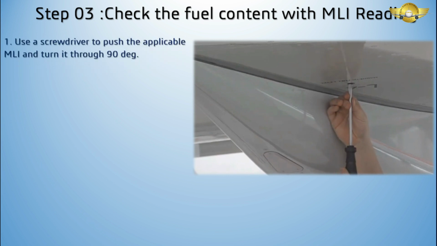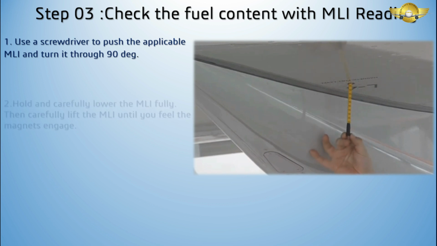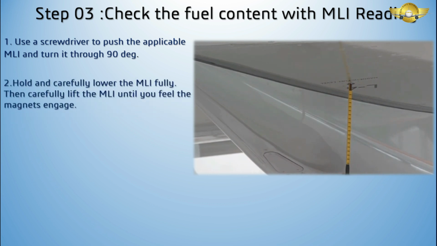Step 3. Check the fuel content with MLI reading. To check the fuel content with MLI reading, please follow the below procedure. Use a screwdriver to push the applicable MLI and turn it through 90 degrees. Hold and carefully lower the MLI fully.